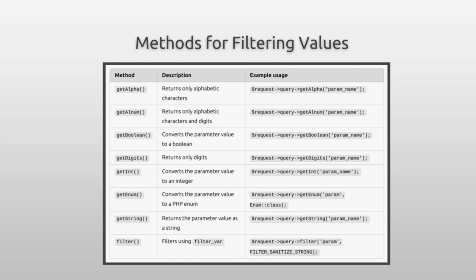For example, the getAlpha method allows you to retrieve only alphabetic characters from a parameter. And filter uses PHP's filter_var function for validation, with the option to throw an exception for invalid values.